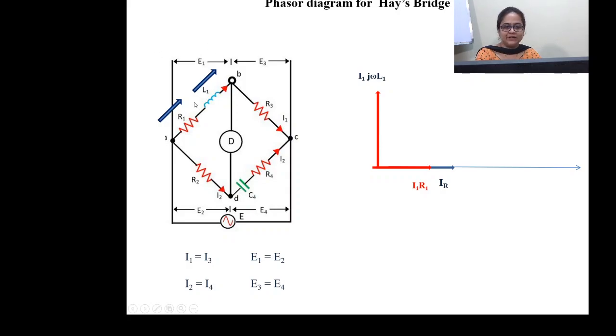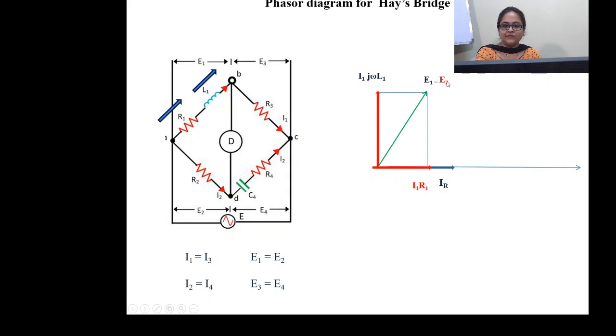Again, E1 is the addition of the voltage across R1 and L1. So adding I1 j omega L1 and I1 R1, we will get the resultant voltage, that is E1. So across branch 1, we have represented the current and voltage both.